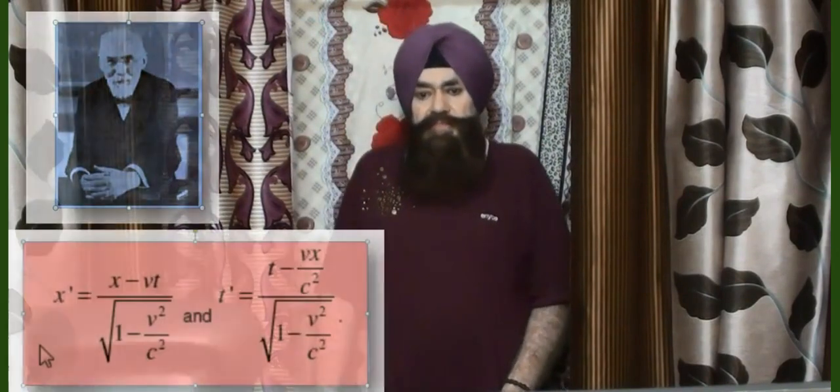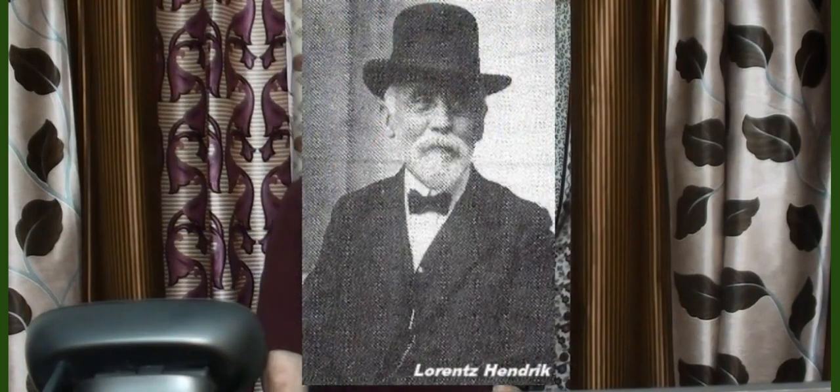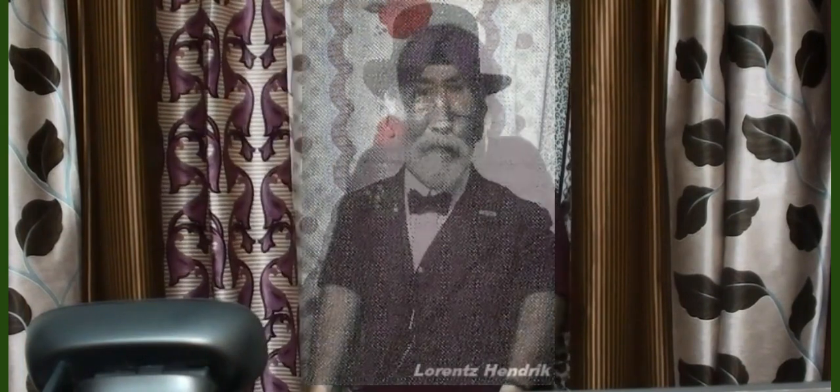Lorentz arrived at the equations to explain the Michelson-Morley experiment around 1887, which indicated that light appeared to travel at the same speed independent of the observer.